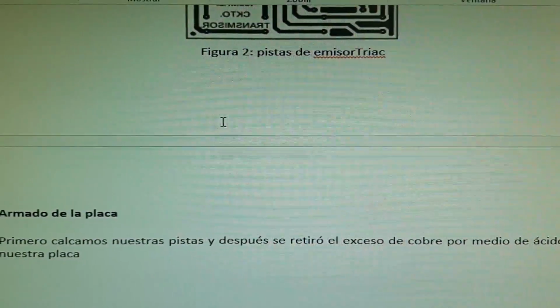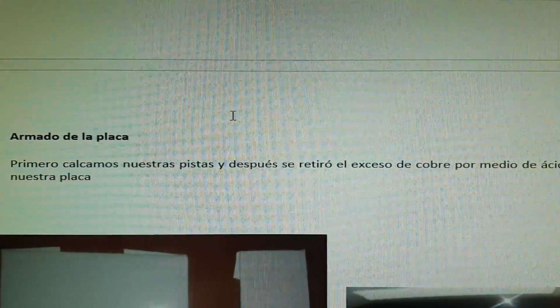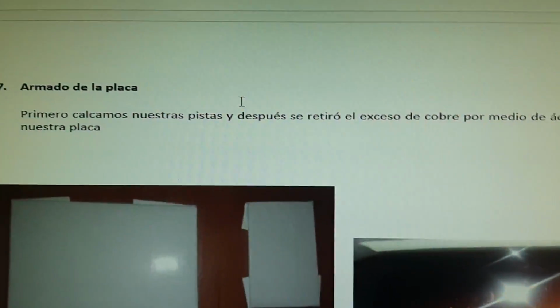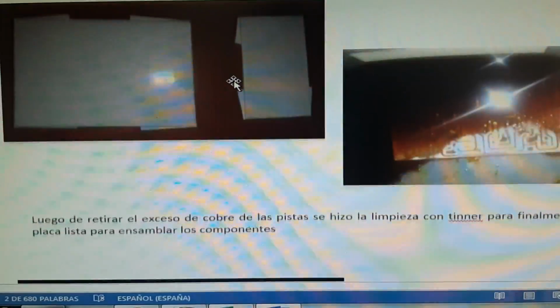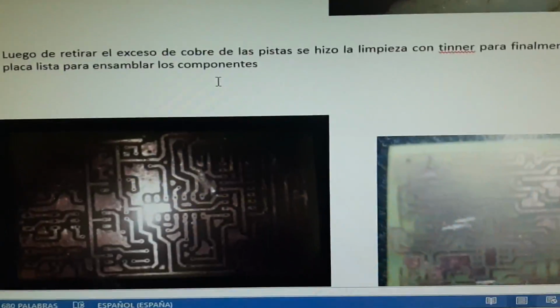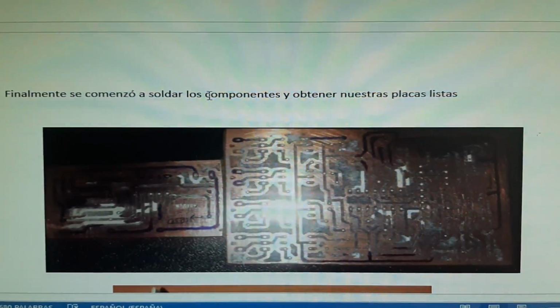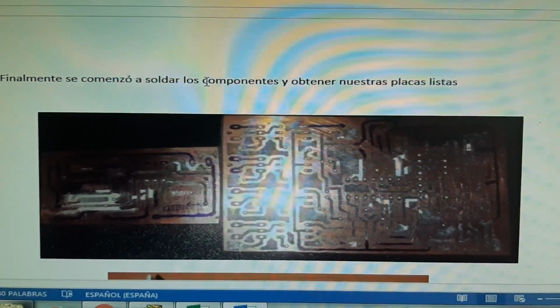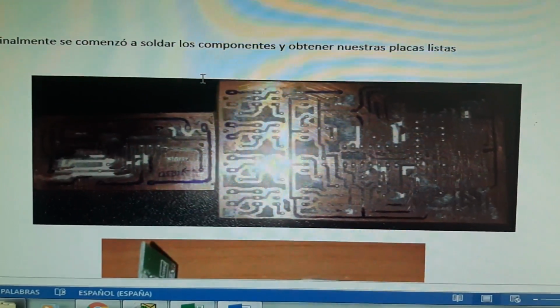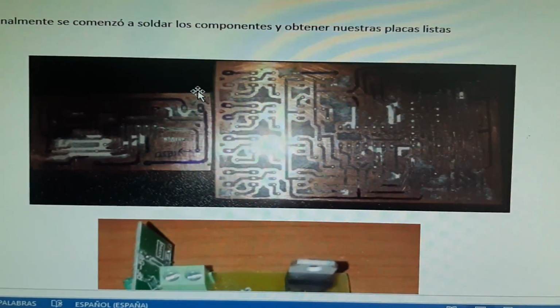Then the implementation of plates. Finally, the implementation of the components in the PCB.